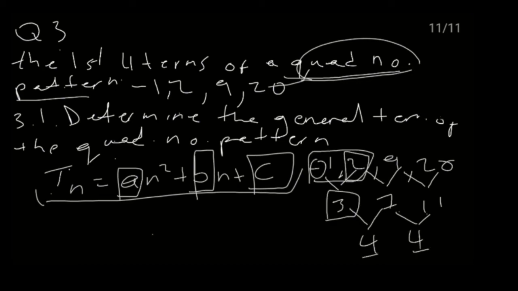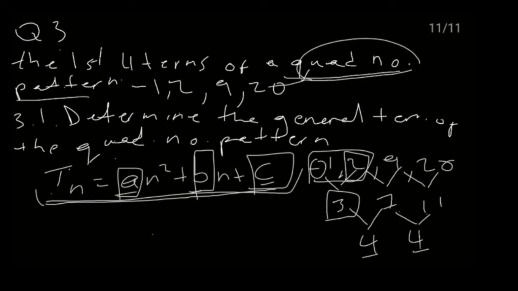Alright, our general term is given as follows, right? As Tn equals an squared plus bn plus c, right?